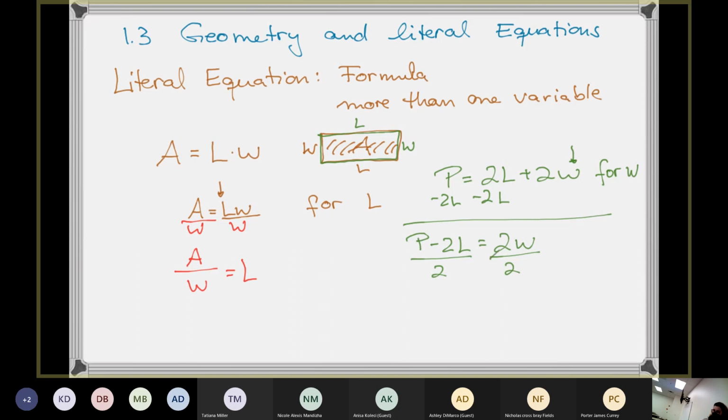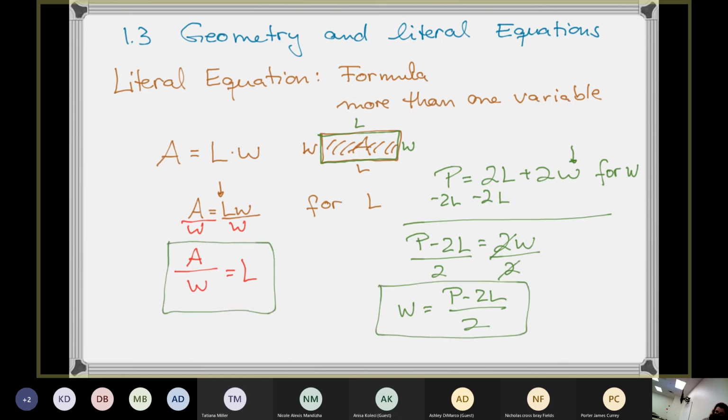So you don't even have to do that. You just have to write W equals P minus 2L over 2. Leave it like that, otherwise you probably do more harm to the problem. Here you would have gotten full credit, but if you would have written P minus L, I would have taken points off, because now you're doing it wrong.